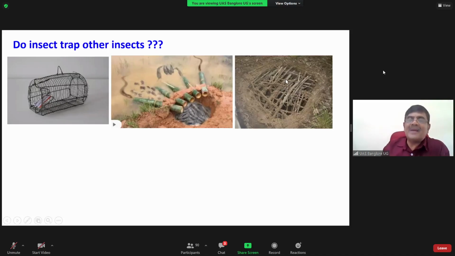Similarly, for trapping wild animals, they use what is called a kedda in Kannada. Kedda means they keep sticks here and close the pit with mud. Whenever the animal steps on these sticks, it falls into the pit. In this way, human beings or others trap organisms.